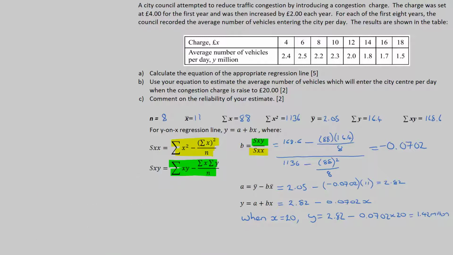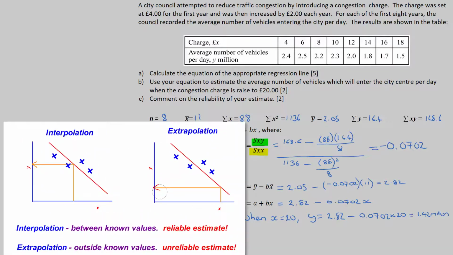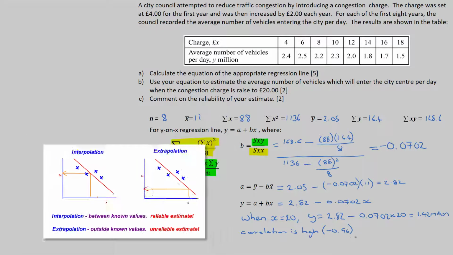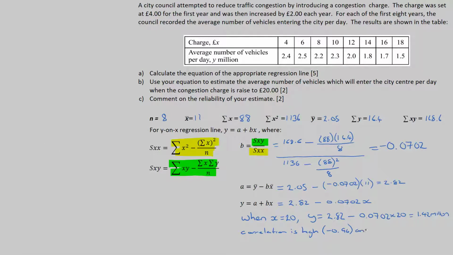The second consideration is whether the value we are looking for is within the given range of data or outside it. If it's within, we are interpolating and the estimate will be reliable. If the value we are looking for is outside our given range, then we are extrapolating and the estimate is unreliable. Now here, 20 is just outside the data given, so technically we are extrapolating, indicating the estimate might not be reliable.